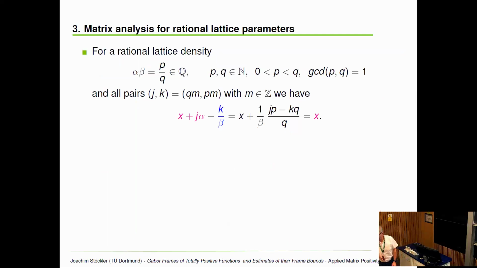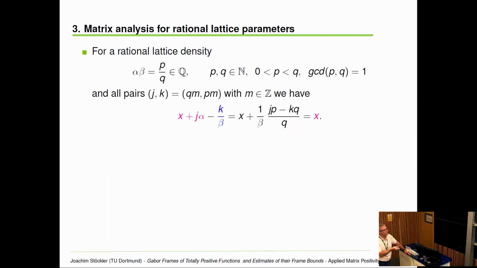What happens for a rational lattice? I don't need rational lattice parameters, I just need alpha beta equals p over q.